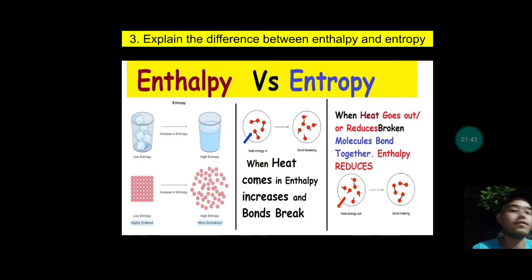For example, with ice turning into water, ice has low entropy because the molecules are in order, and when it turns to liquid, the molecules move and entropy increases.